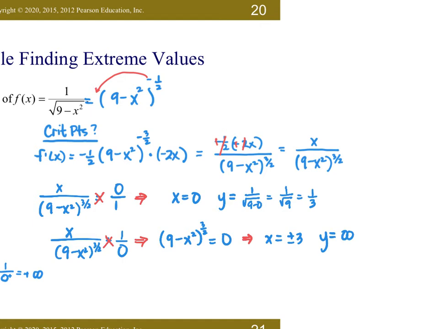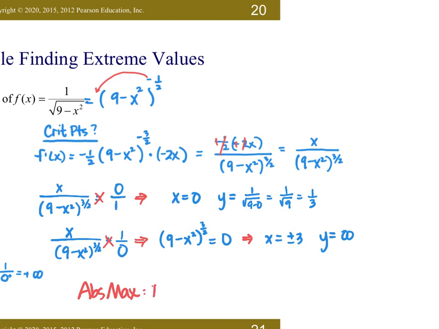So now can I find an absolute max or an absolute min? All right, so the absolute max. Do I have a highest value? Well, I've got infinity, okay, which just means that this graph is going up, up, up, up, up.